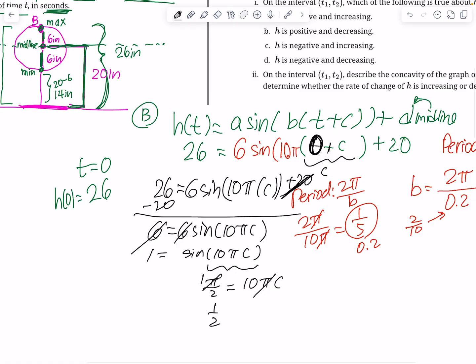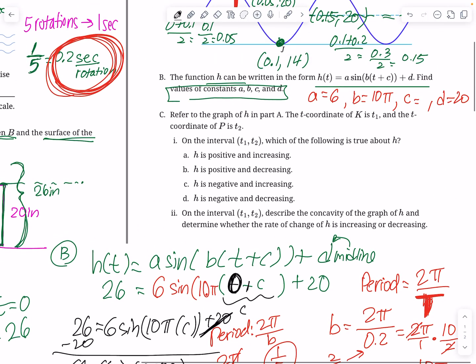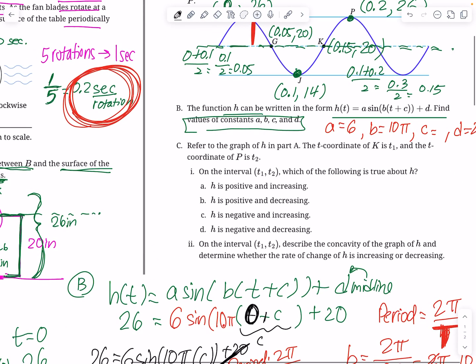And so 1/2 equals 10c. Divide both sides by 10, which really means multiply by 1/10. And so c is 1/20, which becomes 0.05. So therefore, c is 0.05.